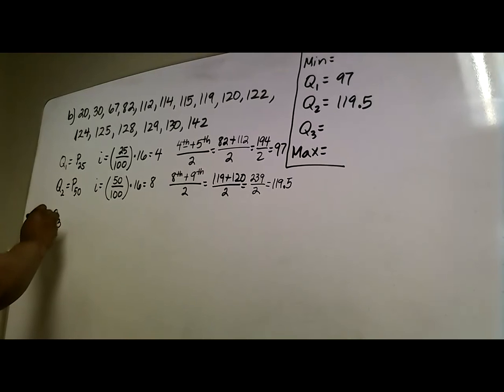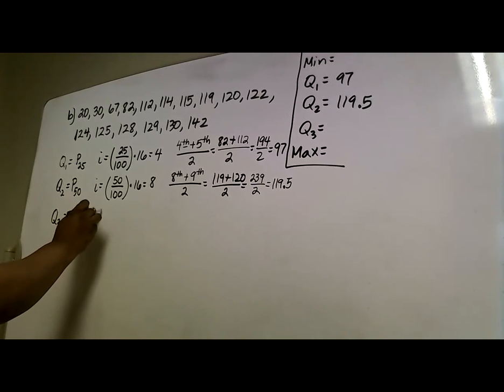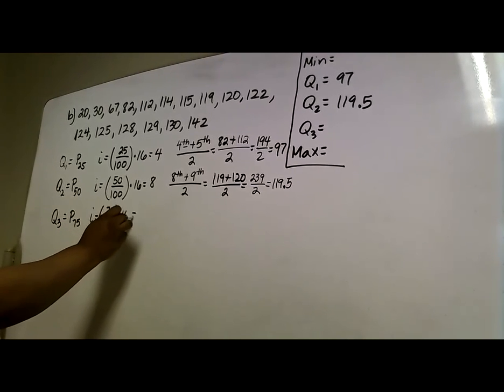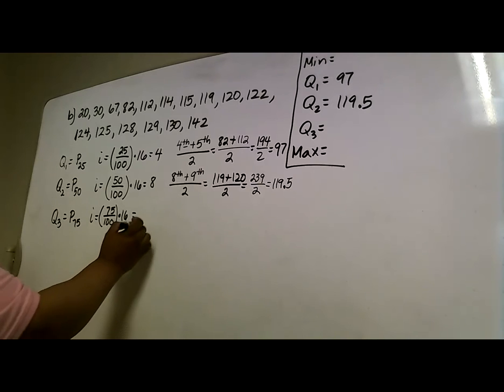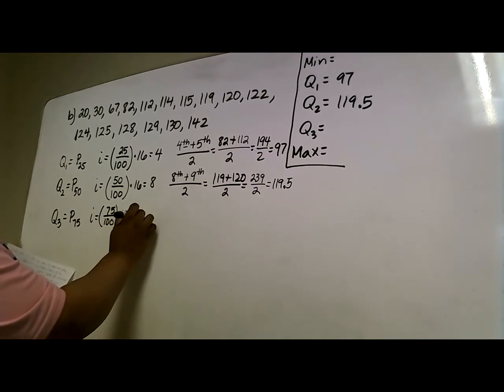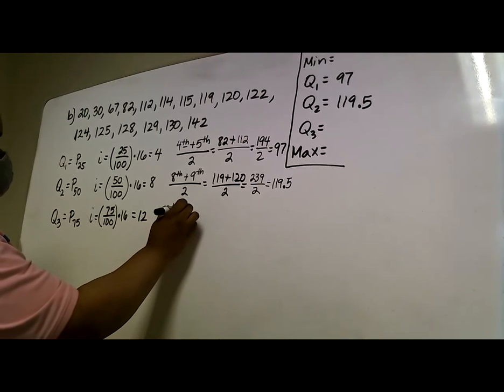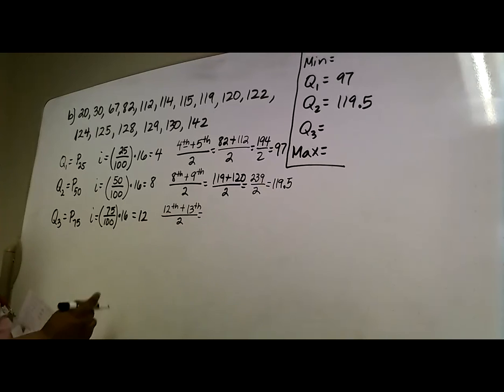And then finally Q3, well, Q3, that's the 75th percentile. Here we have to do 75 divided by 100 times 16. That'd be 12. So here we're looking for the 12th and the 13th number in this data set, and we're going to take the average of the two.